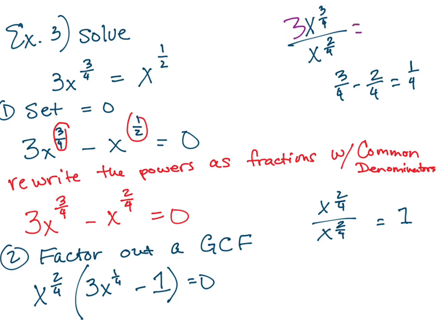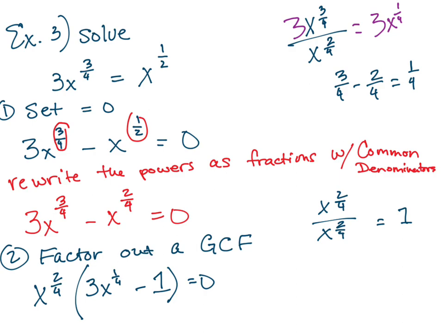What's left on top? The 3. You see that it didn't change? It only affects what it's raised to. So we would be left with 3x to the 1/4. There's nothing for the 3 to get divided by. It's still a 3.